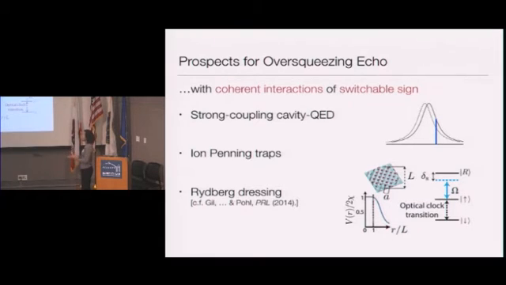And another really exciting possibility that we're thinking about is engineering interactions by coupling to Rydberg states for atoms in an optical lattice. This is something that's been proposed as a way of enhancing optical clocks. So these are places where this concept of having interactions of switchable sign gives really a new way of detecting highly entangled states and harnessing them in quantum measurements.